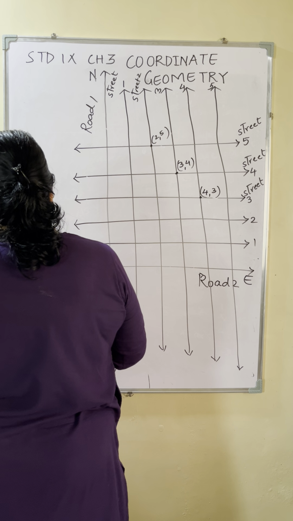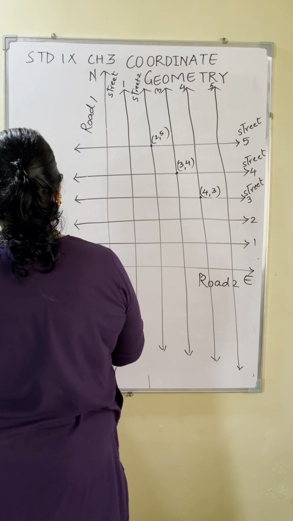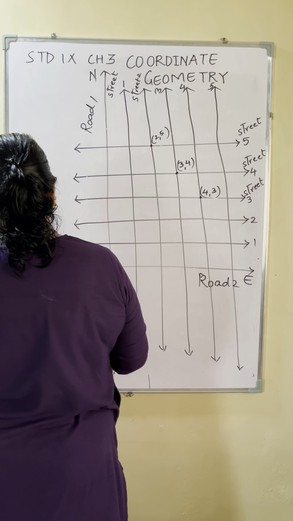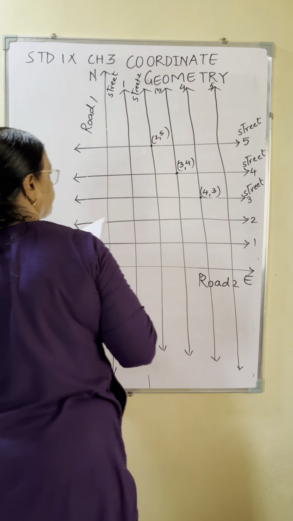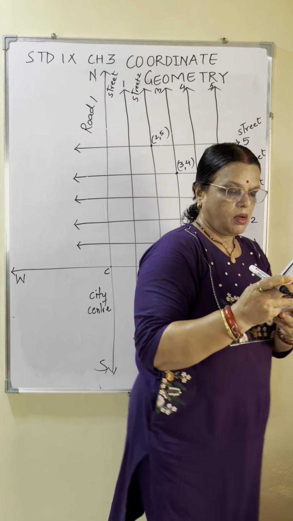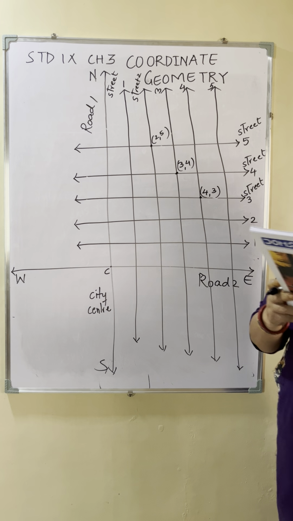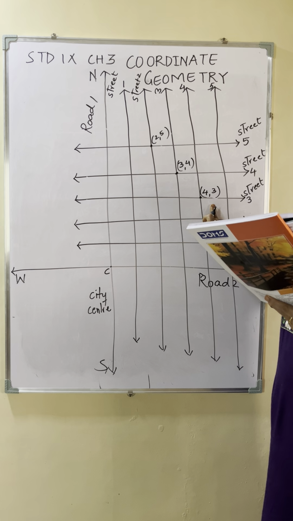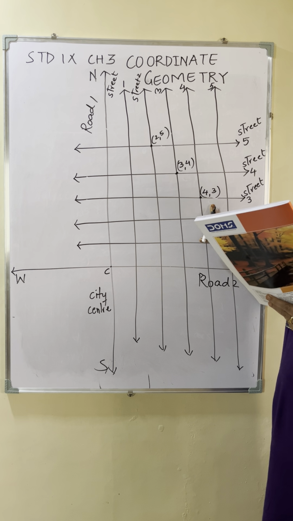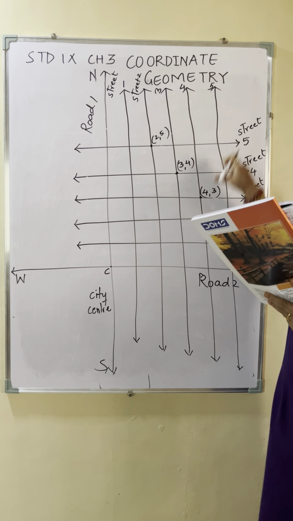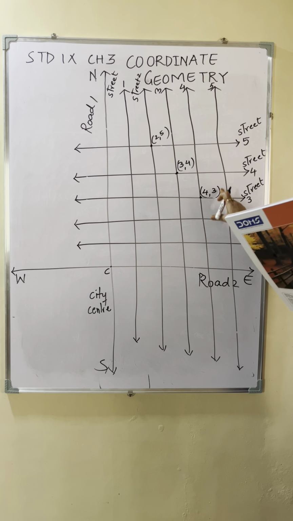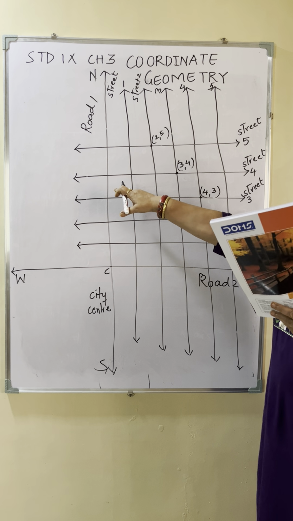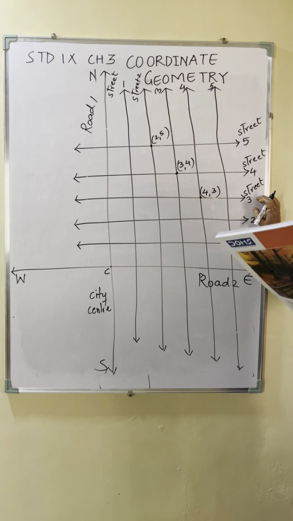So what is your assumption from the diagram? One and only one cross street can be referred to as 4, 3 because it is the intersection of the 4th street running in the north-south direction with 3 running in east-west direction.